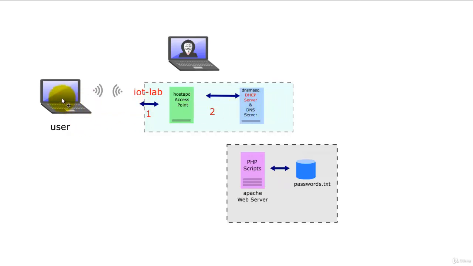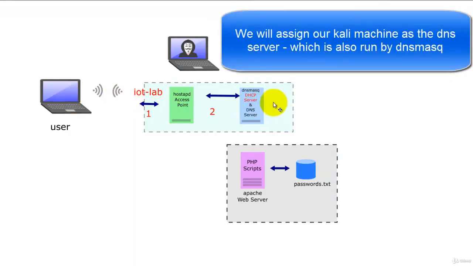After the user connects and gets an IP address from dnsmasq, dnsmasq will also assign a DNS server to the user so that the user will be able to query DNS names using the IP address of the DNS server. So the DNS server also is run by dnsmasq.